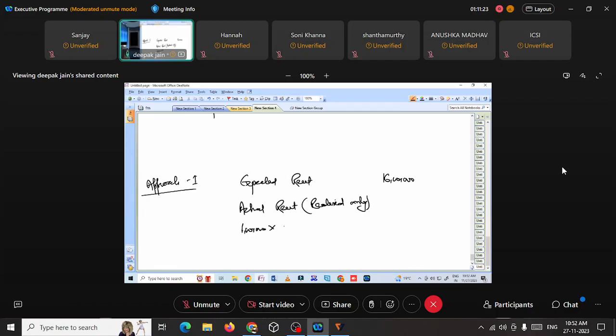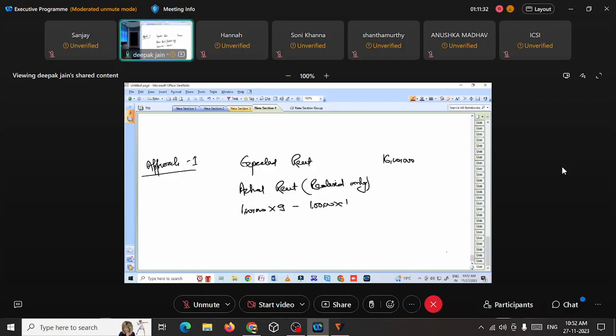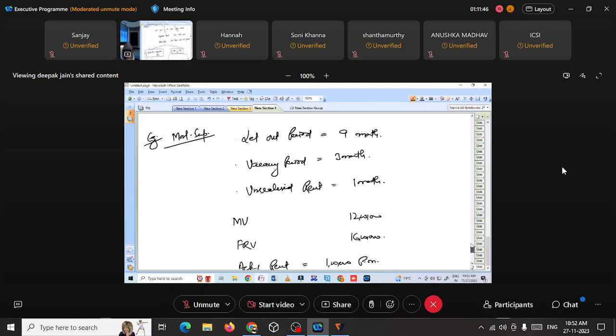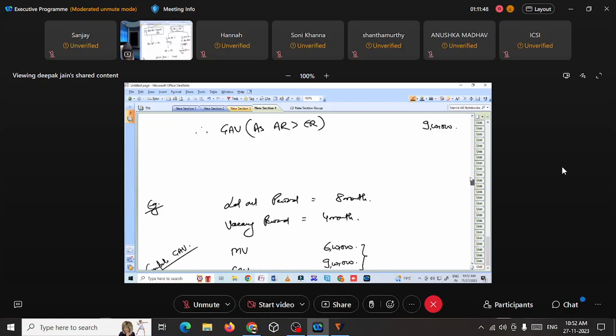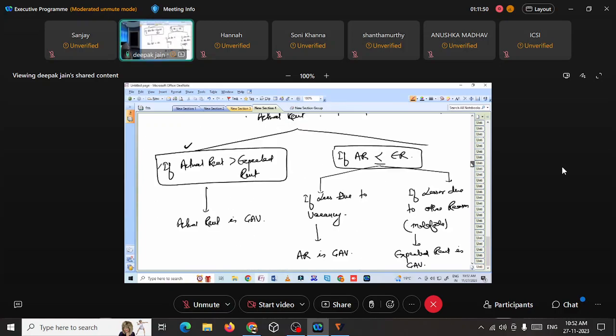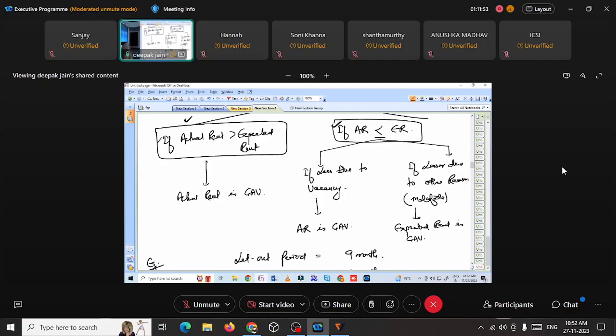Out of 9, 1 month is unrealized. So my realized rent is 8 lakh only. Now actual rent is less than expected rent. Situation is covered here. Now you have to find out whether the reason of reduction is vacancy or a reason other than vacancy.